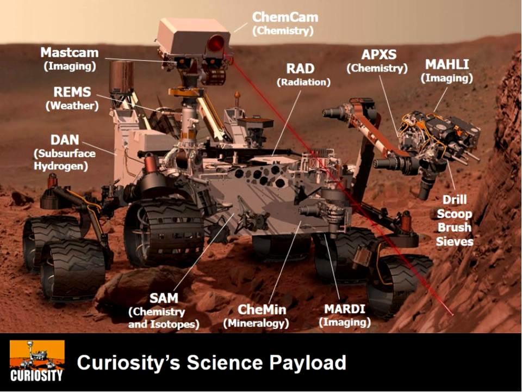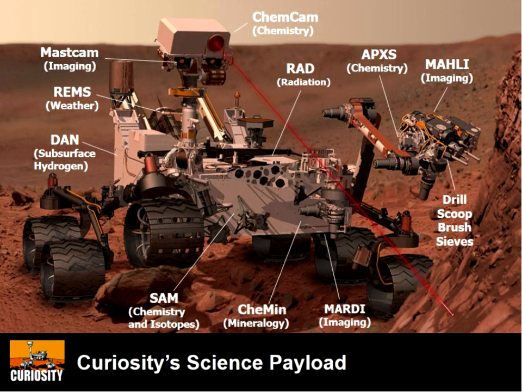We also have this robotic arm, which is about 7 feet long. On the end of the arm, there's a drill, and that's one of the reasons the arm is so beefy. But there's also other instruments on the arm, like a chemical spectrometer that we place up against rocks, and another imager, which is to do close-up pictures of rocks and soils. The reason we have the drill is because we are the Mars Science Laboratory, and the front end of the rover consists of 2 labs, chemistry labs.